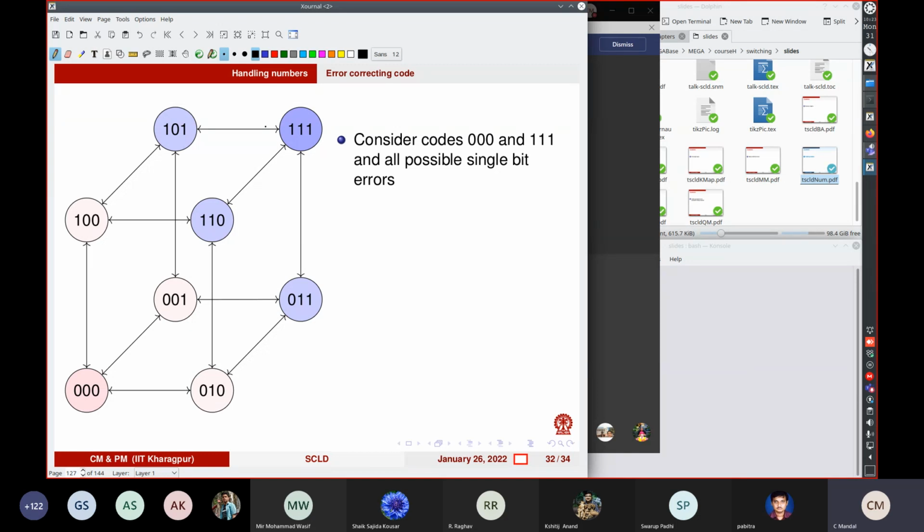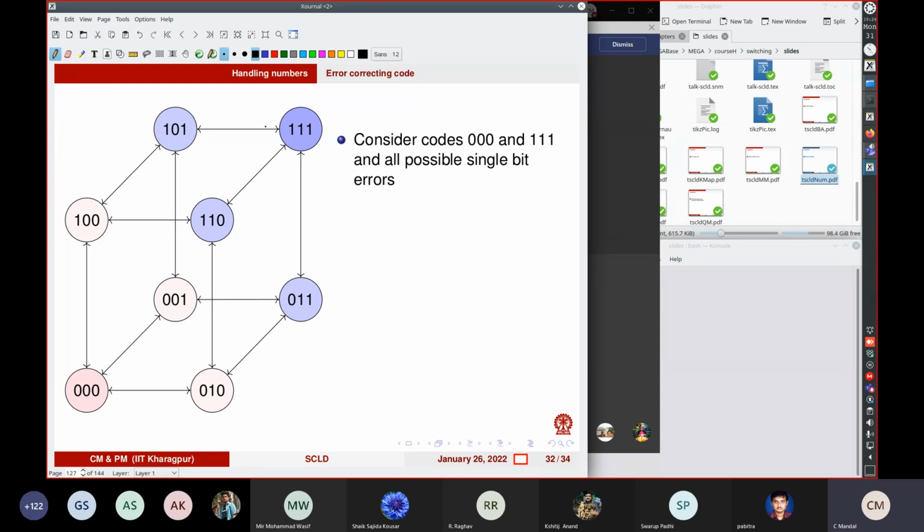Can you extend the reasoning that was presented here to determine what should be the distance between 2 valid codes if you wish to recover the original code even when 2 bits are in error? Sir, a distance of 5.